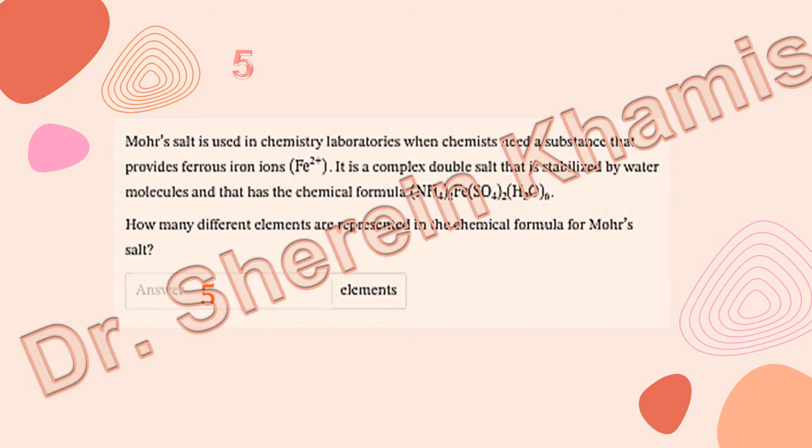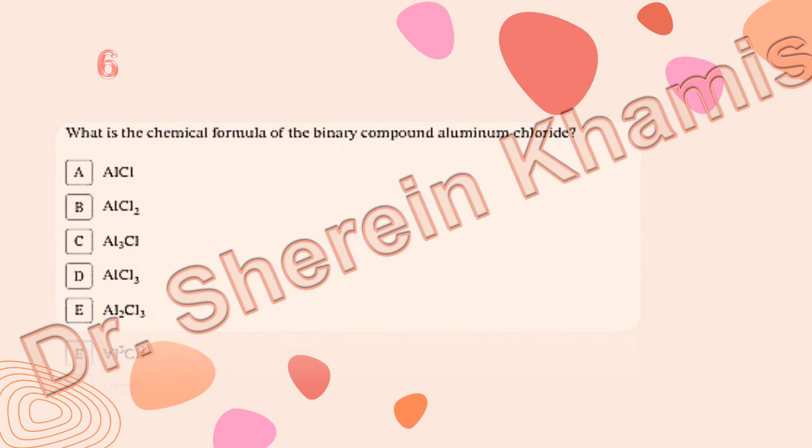Okay, let's go into question 6. Question 6 says, what is the chemical formula of binary compound aluminium chloride? Binary means that it consists of 2 parts, di or 2.